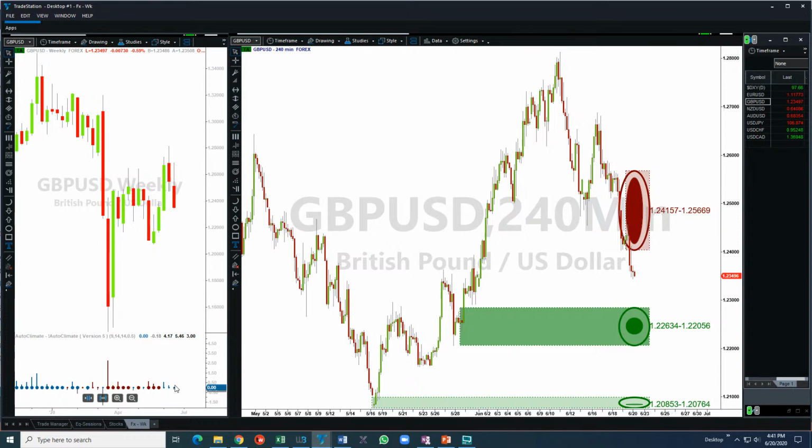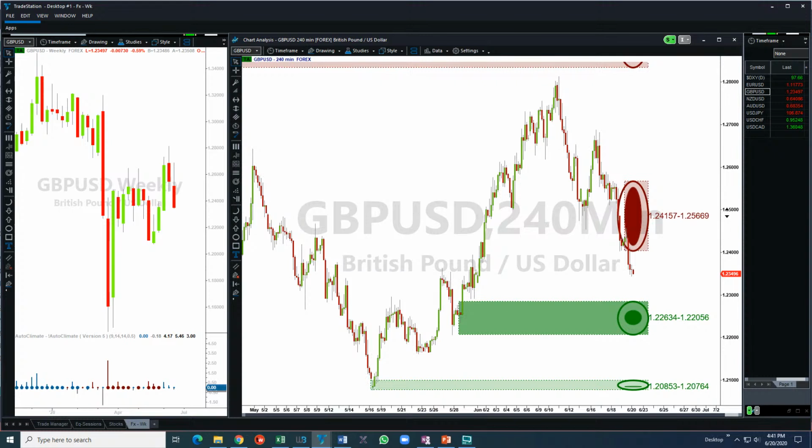So right now on the GBP USD, for the past 3 weeks since we've started looking at it in these Saturday sessions, we haven't had a confirmed climate. We have this climate, it's an up climate but not confirmed, so we will say pass, right? Plenty of other currency pairs out there for us to trade, so we'll pass on GBP USD just like we passed it the previous weeks, in the last 2 weeks.